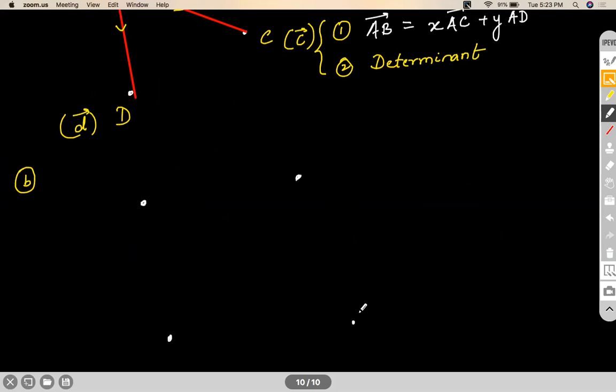If 4 points are coplanar, and you connect any two of them, let us say this is A, this is B, this is C, and this is D. If I connect these two, and I connect these two, let me not give you a hint. If these 4 points are coplanar, let me name their position vectors like this.